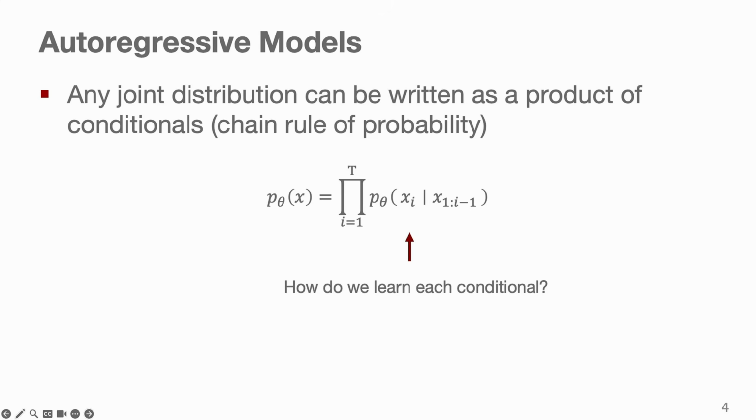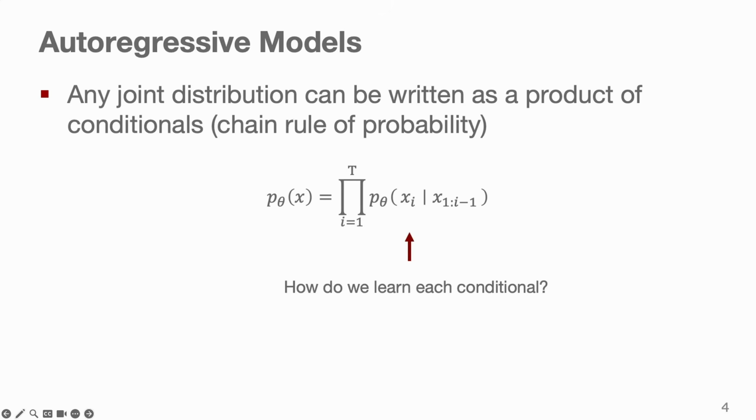The most general way to think about this is through the lens of autoregressive models. The key insight comes from the chain rule of probability.